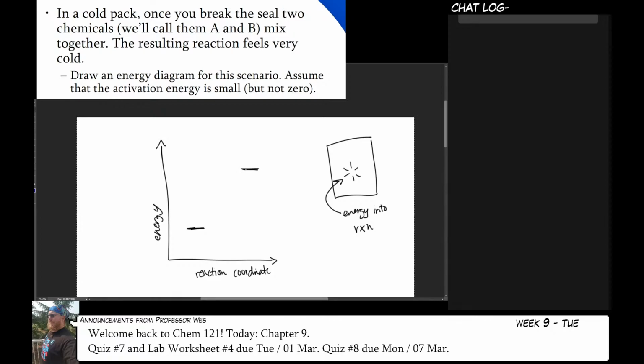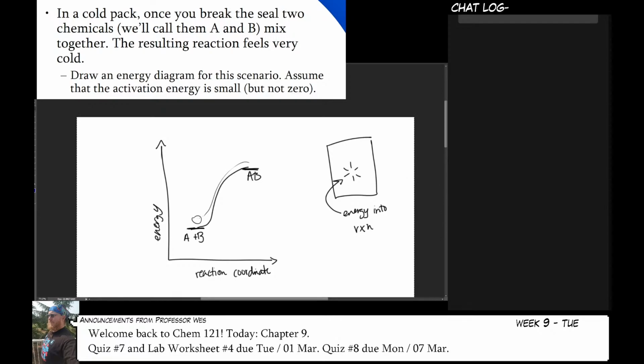So my diagram should look something like this, where here would be A plus B, and here would be AB. Now, if I did this as my diagram, I just kind of went bloop like that, I don't really have an activation energy, do I? In fact, the reverse reaction would just kind of fall right back down, and I would never make the product. I would just fall back to the reactants.